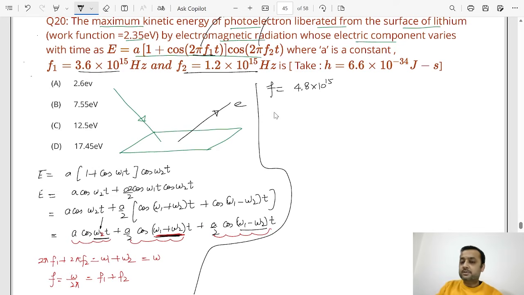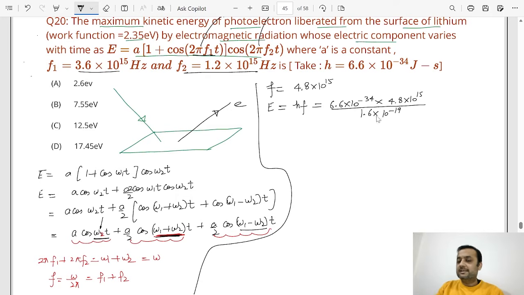Now using Einstein's equation, first let's find the energy of this photon. Energy is h into f, which is 6.6 into 10 to the power minus 34 into 4.8 into 10 to the power 15. This energy will be in joules, but if you want it in electron volts, you have to divide by 1.6 into 10 to the power minus 19, because 1 electron volt is 1.6 into 10 to the power minus 19 joules.